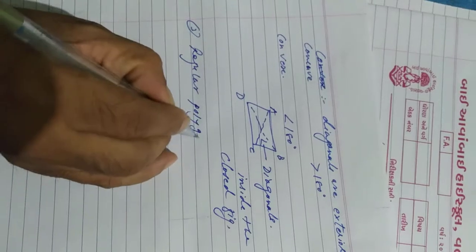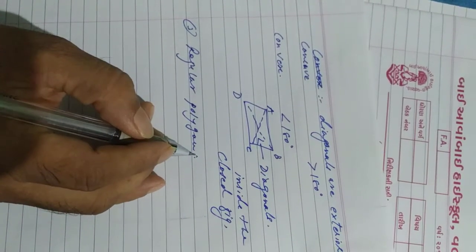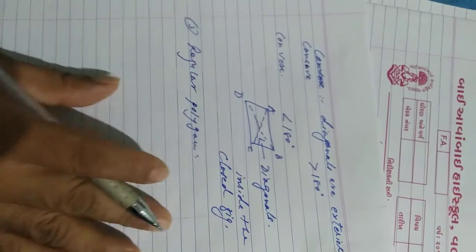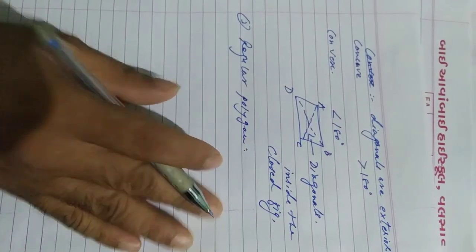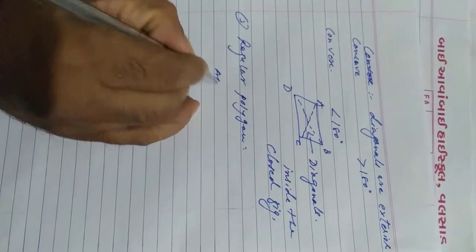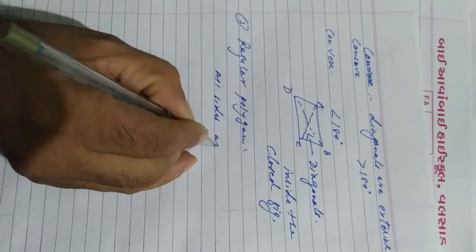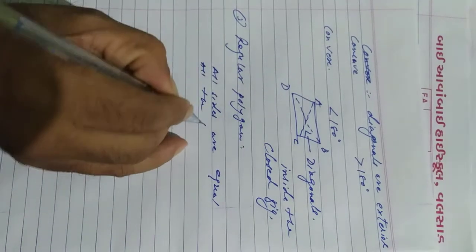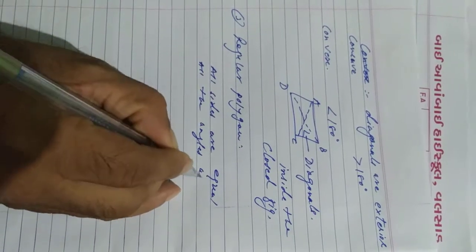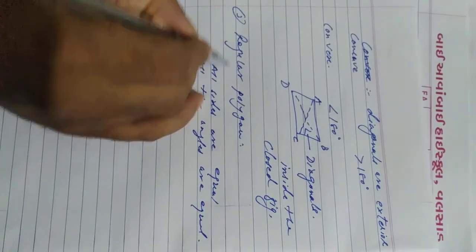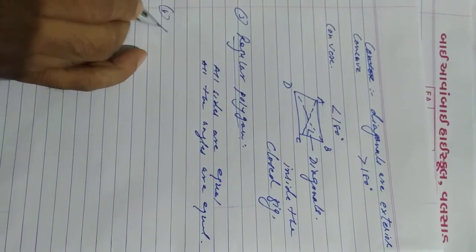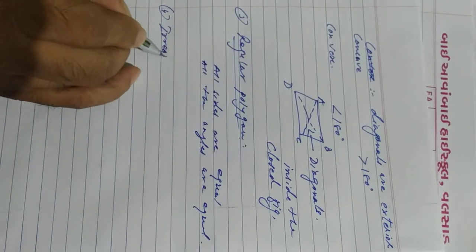Now third is regular polygon. What do you mean by regular polygon? All the sides of a regular polygon have equal lengths and equal angles. All the sides are equal. All the angles are equal. Got it? So it is known as a regular polygon. And fourth, irregular polygon.